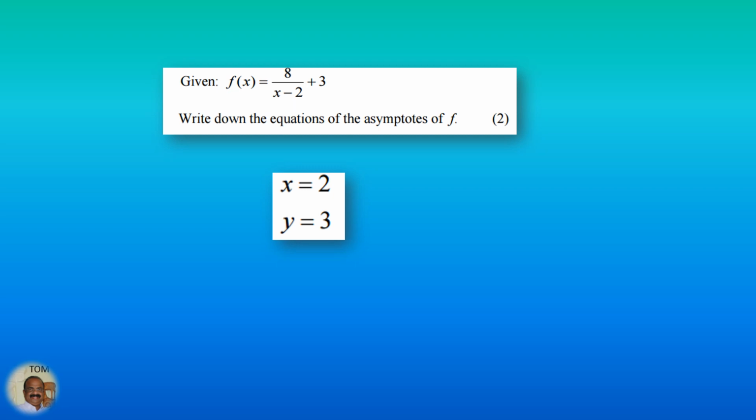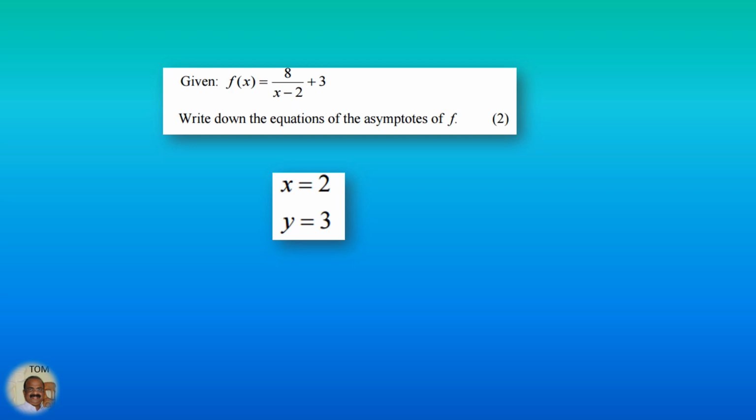When we see minus 2, we must realize that the graph is moving 2 units to the right horizontally, and plus 3 represents the shifting of the graph 3 units upwards.